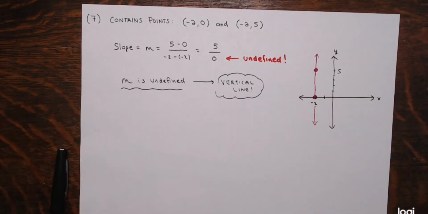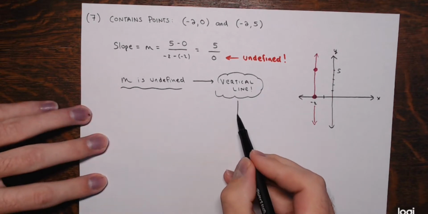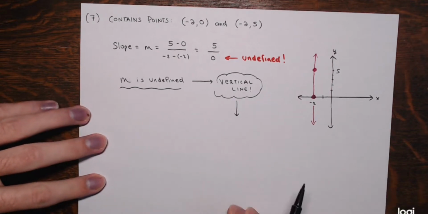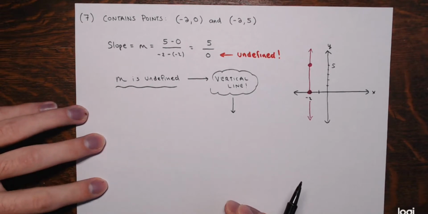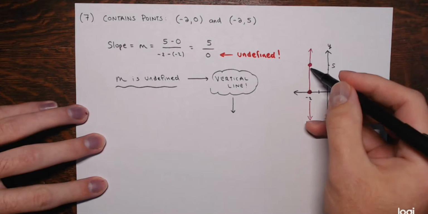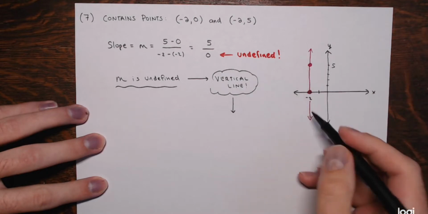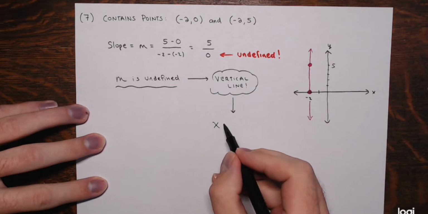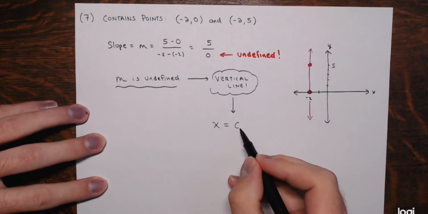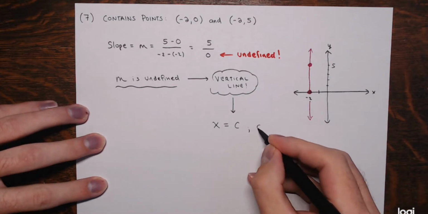Now, if a line is vertical, the equation for that line is very simple, just like for a horizontal line. The x-coordinate is always the same number. So the equation of a vertical line is x equals c, where c is a constant.